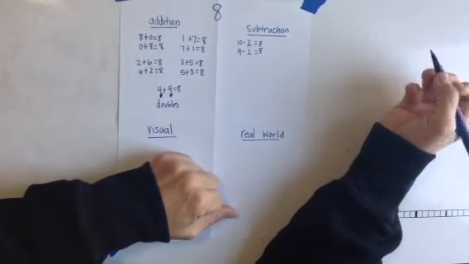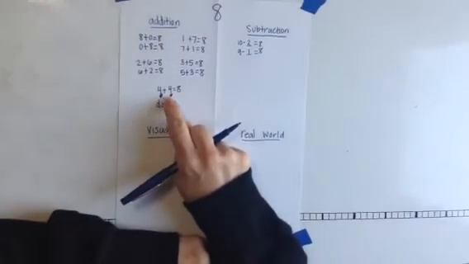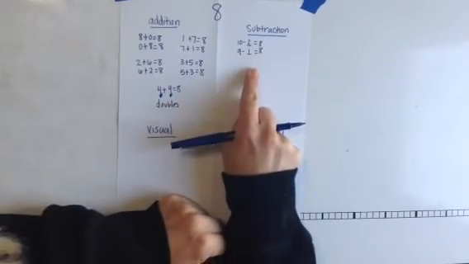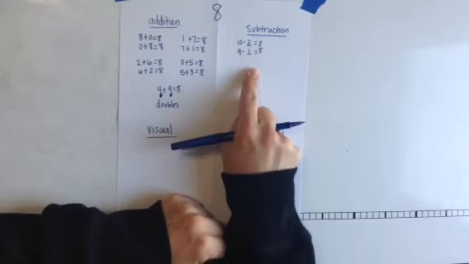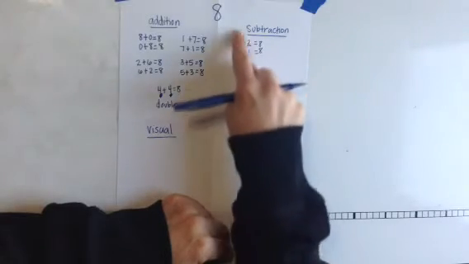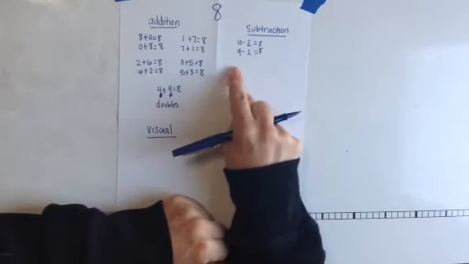Ooh, you know, we talked about doubles facts here. I'm going to talk about doubles facts here as well. I know that 8 plus 8 equals 16. Let's think about that. 8 plus 8 equals 16. In a subtraction problem in first grade, we always start with the largest number.